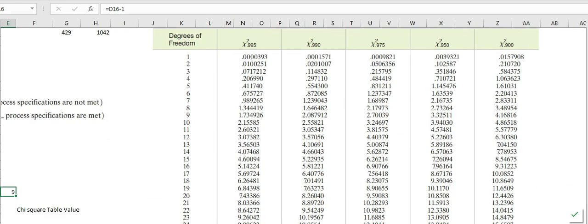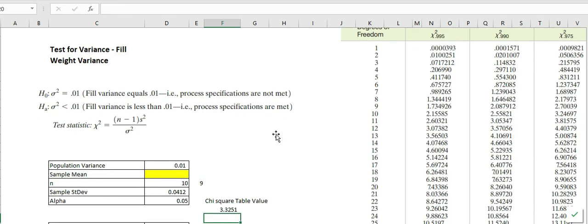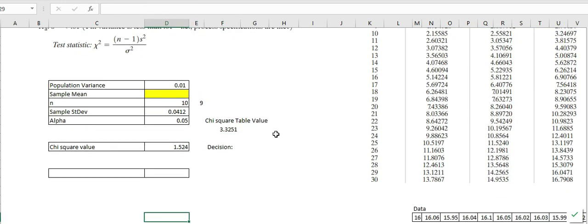And I will use the alpha of 0.05. This one, it's 3.32511. We can see here that the chi-square value we have derived is lesser than the critical chi-square value.